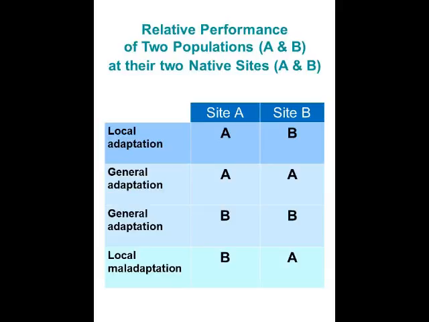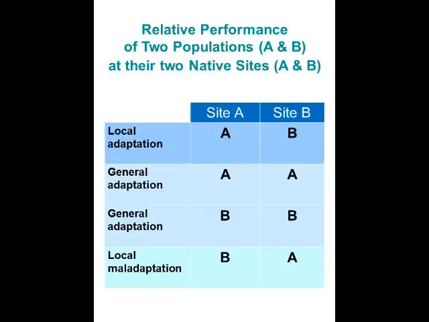The first is that population A does better than B at both site A and B. The second way we can have general adaptation is population B does better than population A at both site A and site B. So you can see that there's a general tendency for A to be superior across sites, or a general tendency for population B to be better across both sites. Okay, that's what general adaptation is.